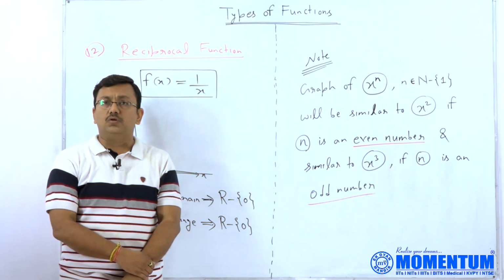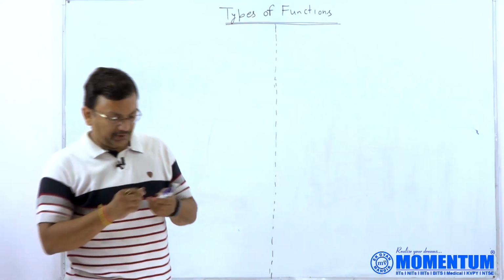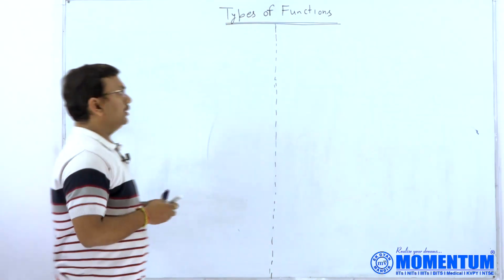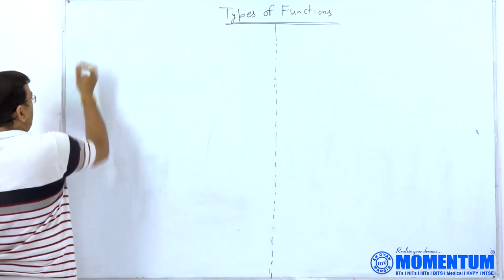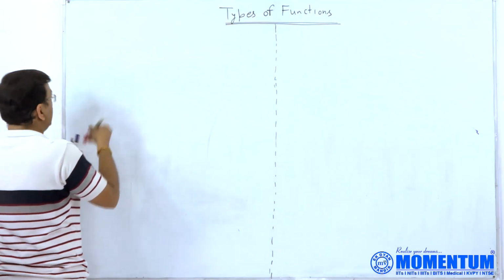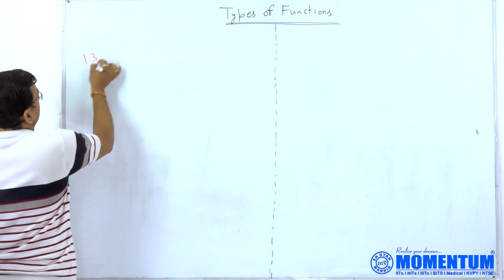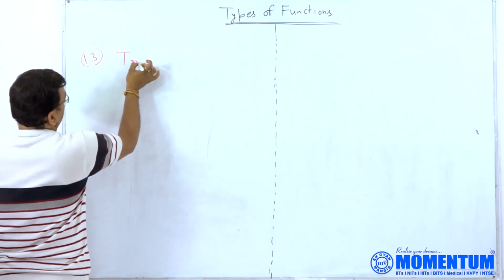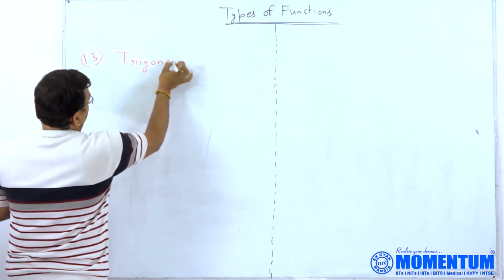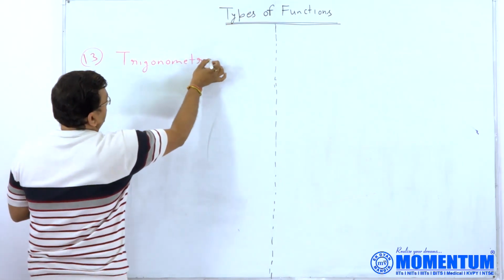So, now students, we are moving to type number 13, which is trigonometric functions.